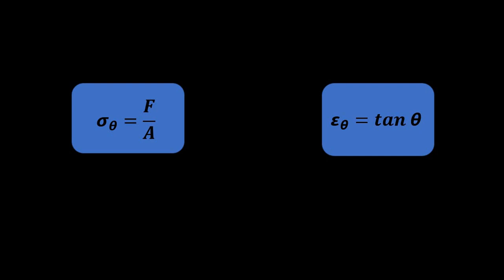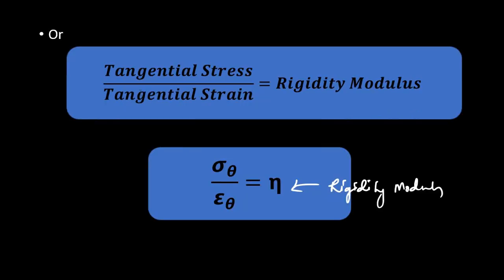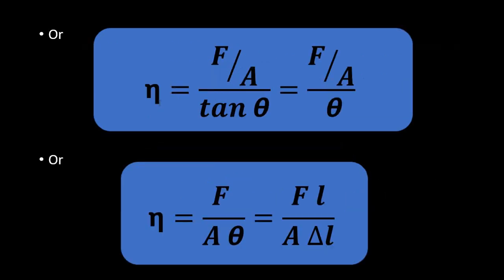So this ratio, tangential stress by tangential strain, is equal to the rigidity modulus constant eta, which is equal to F by A, the tangential stress, over tan theta, the tangential strain. Tan theta is nearly equal to theta, so eta is F by A by theta.